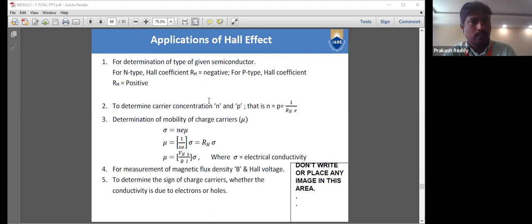One question from A and B, one question is compulsory in your final examination, either problem or theory. So one question about the Hall effect is compulsory in your final examination. That's why. And the Hall effect also, the theory of the Hall effect.